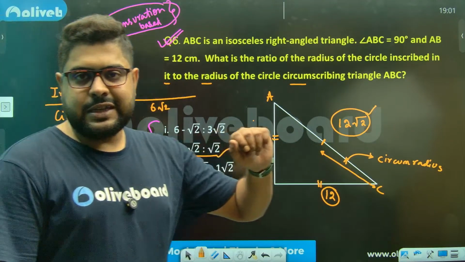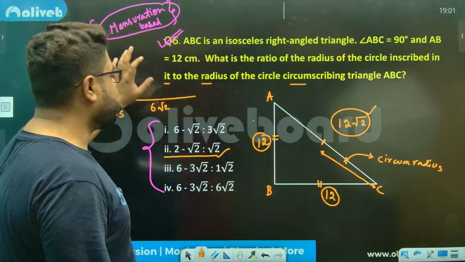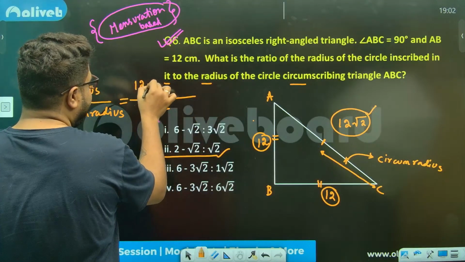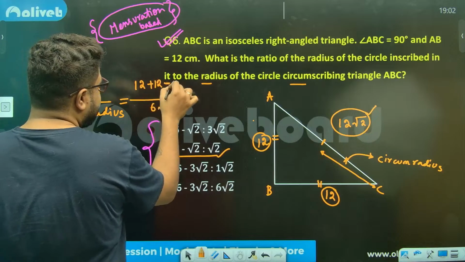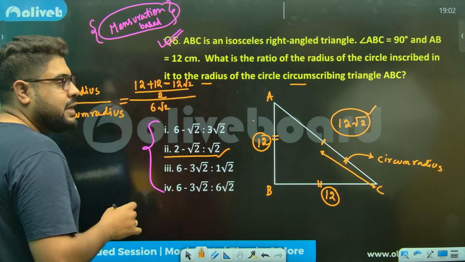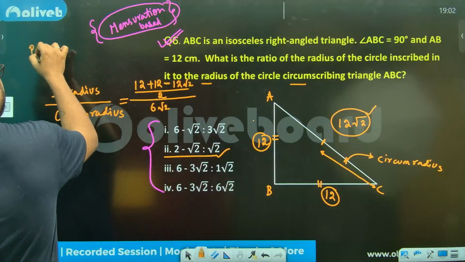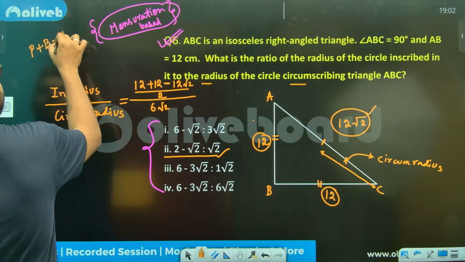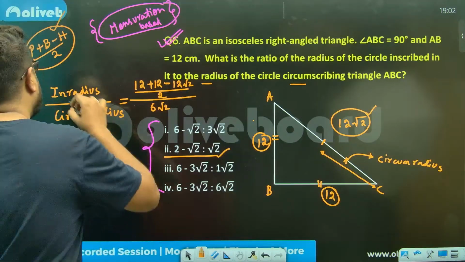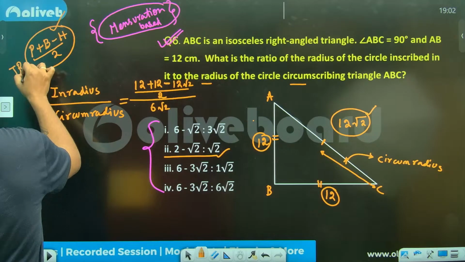What about the inradius? Inradius is, we all know, (12 plus 12 minus 12 root 2) divided by 2. Remember? P plus B minus H by 2, this was the formula. So this is the inradius.